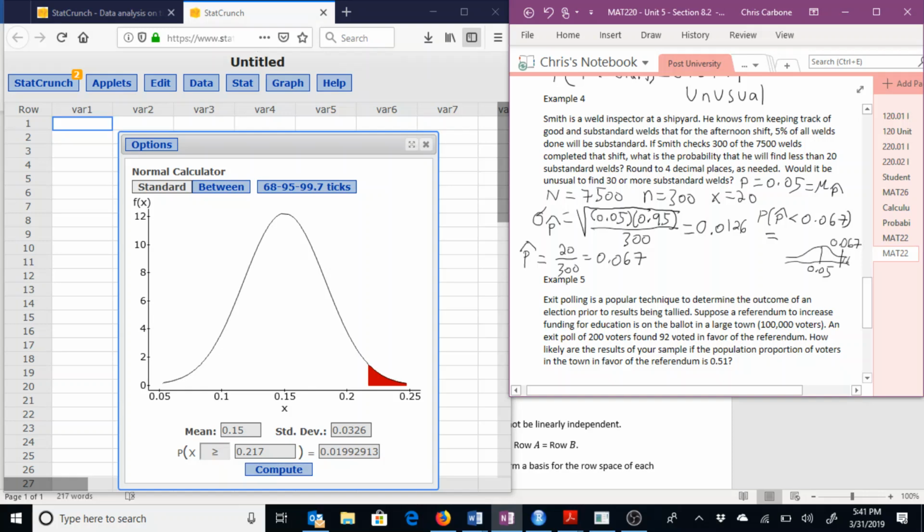We want the area over here to the right. Sorry, not to the right. Talk about the area less than that. So that'll be then to the left over here.